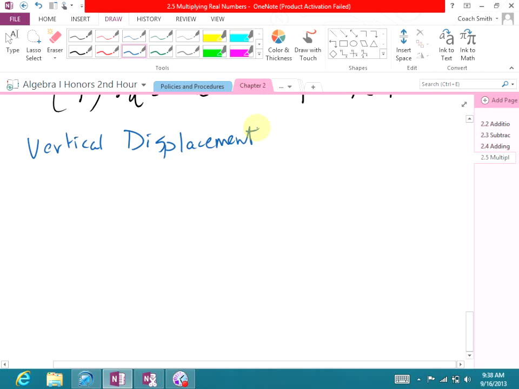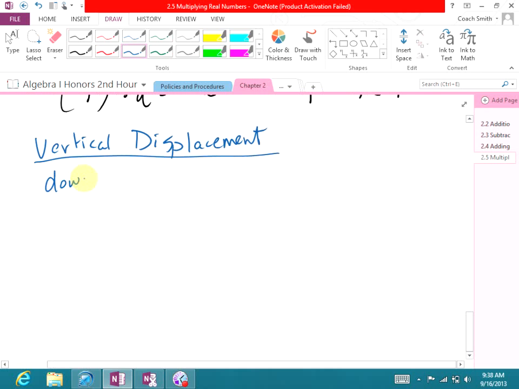Vertical displacement is talking about downward or upward motion.